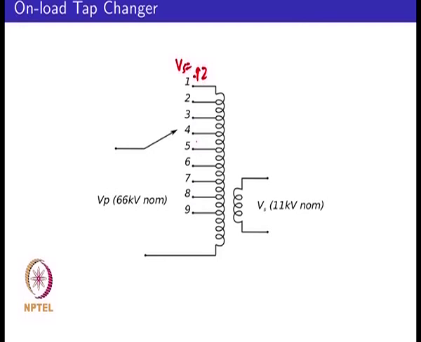At tap 5, your secondary voltage would be equal to 1 per unit. At tap 9, where the primary turns are the lowest, your secondary voltage would be the highest. So Vs would be 1.08 per unit.